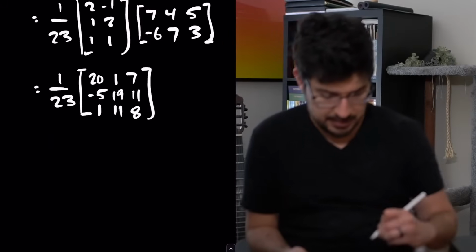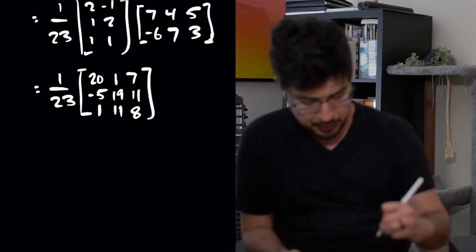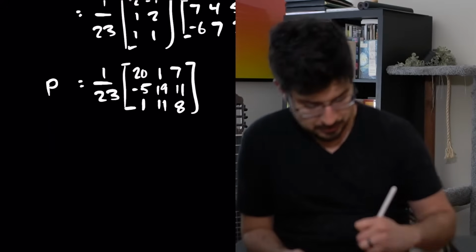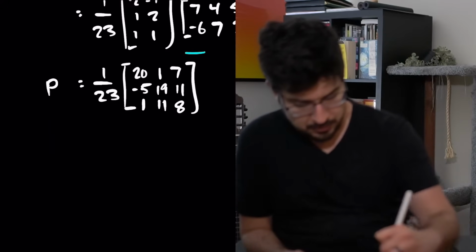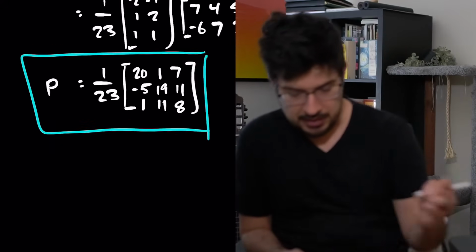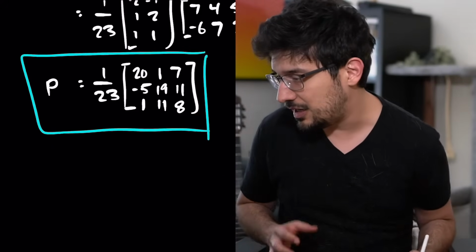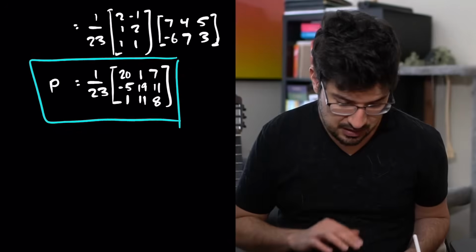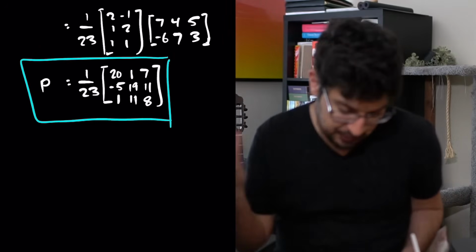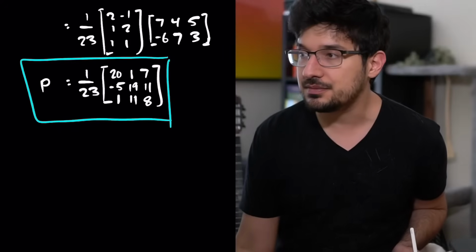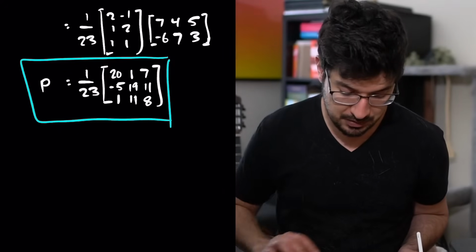So I think that this is our projection matrix P. I'm going to keep that factor factored out because why wouldn't we? 23 is prime, so it doesn't really benefit us at all to factor 23 into that matrix.